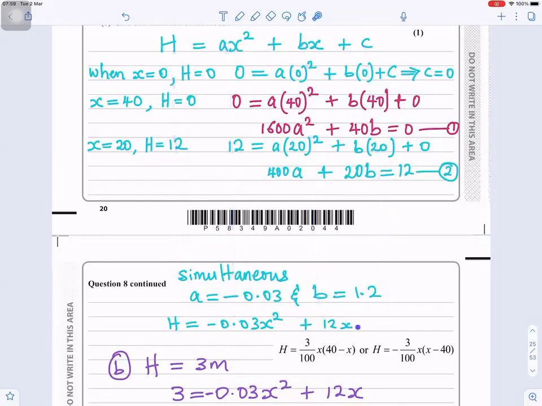So that's your quadratic equation there. Or you can write it like this, because 0.03 is the same as 3 over 100, or you can write it like that. So there are 3 different ways you can write the answer.